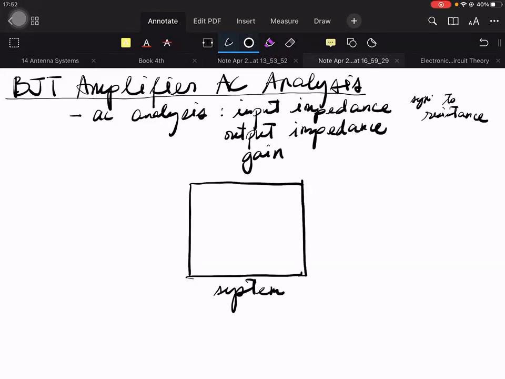I don't know if this is exactly synonymous for you, but take for example an engine.